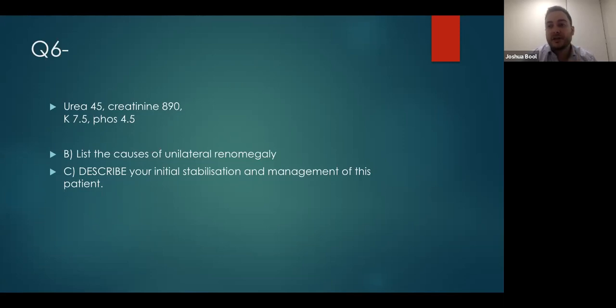So I'd want to approach that, which might include starting some glucose supplementation to try and drive the potassium back into cells. If we needed to do sedation to put a catheter in, I might also consider something like calcium gluconate as a cardioprotective mechanism before sedation as well. And then move towards trying to figure out why we've got such a big kidney. So things like abdominal imaging with ultrasound, and then go from there.